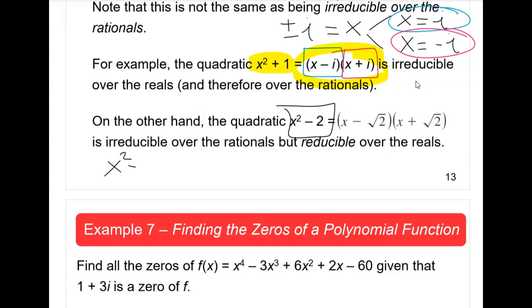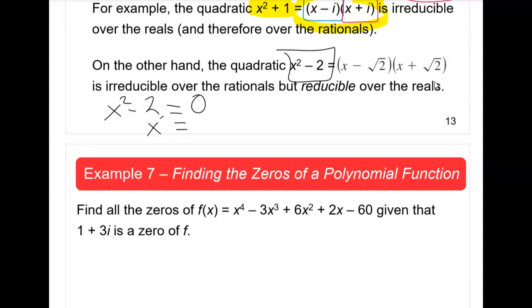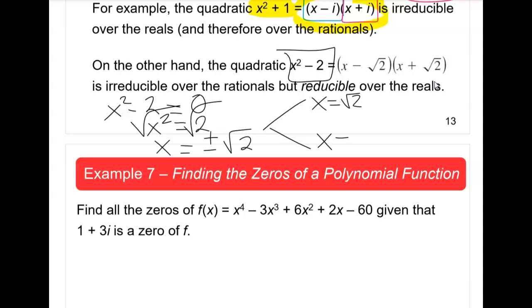So if we were to take this equation, x squared minus 2, we'll equal it to 0 because we're finding the zeros or the solutions. So x squared will equal 2. And if we take the square root, we will get x is equal to plus minus the square root of 2. So that means x equals positive square root of 2 and x equals negative square root of 2.